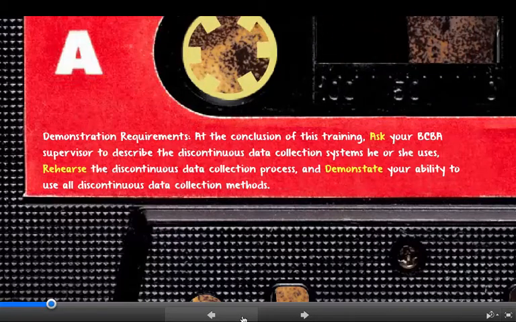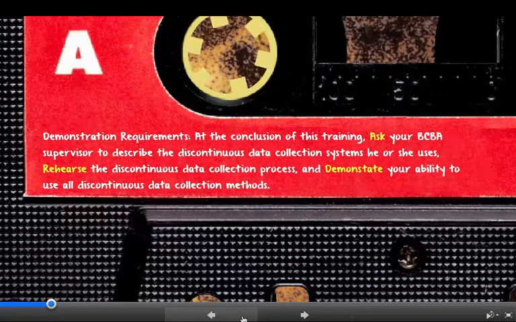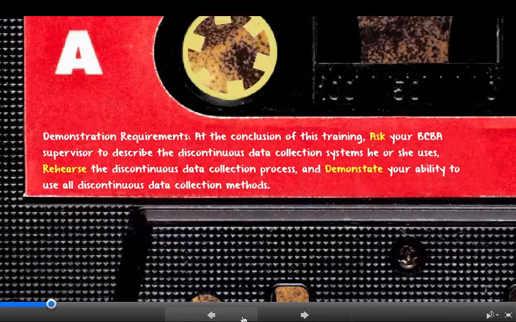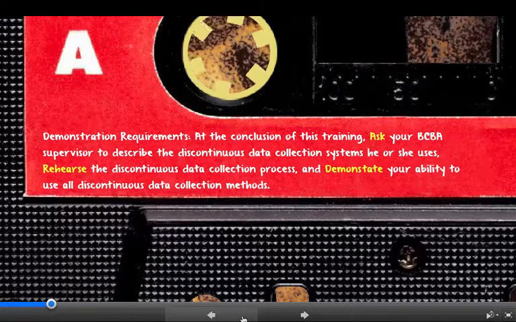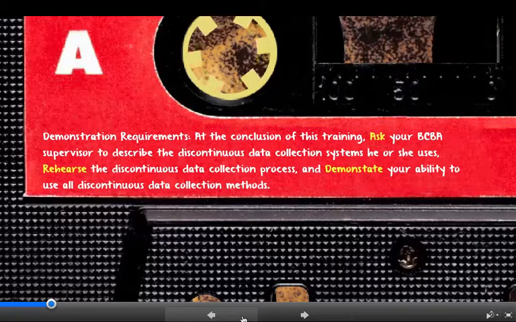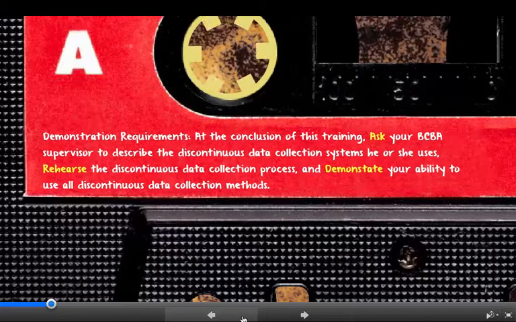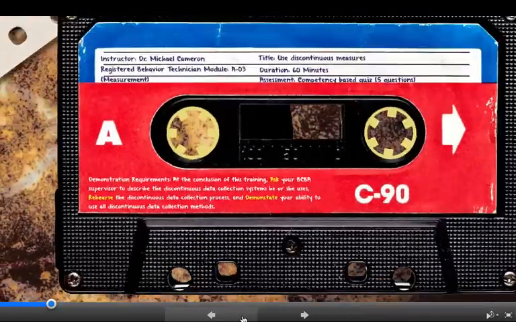It could be, for example, a maladaptive behavior that has been targeted for change, and you may have a requirement to collect data on that maladaptive behavior, or it could be a skill acquisition program that the person has in place, and you may be required to collect data in terms of the evolution and emerging of various skills that the person should be demonstrating. And then finally, at the conclusion of this training, you should show and demonstrate your own ability to use all the discontinuous data collection methods that will be described in the context of this module.